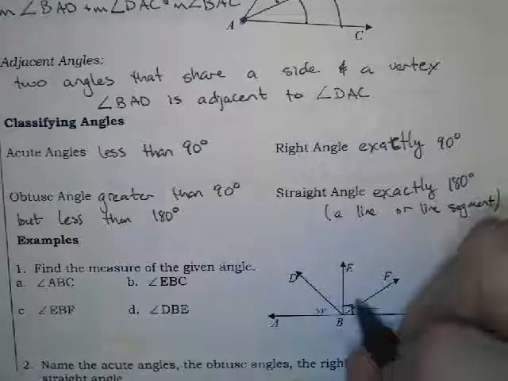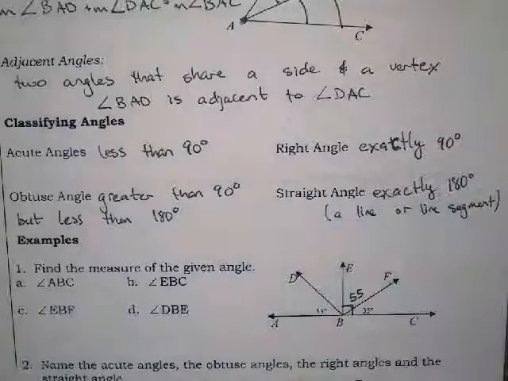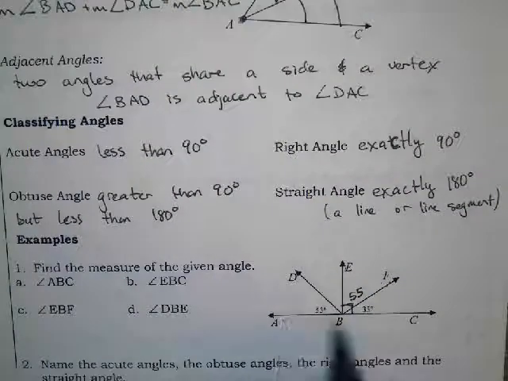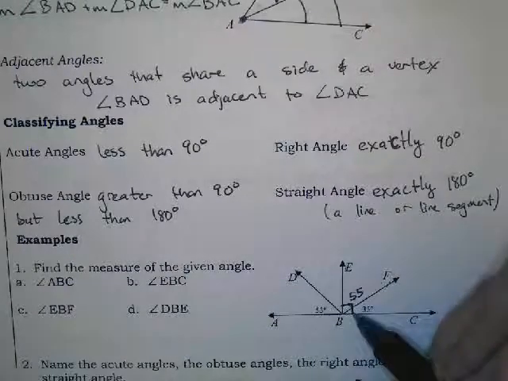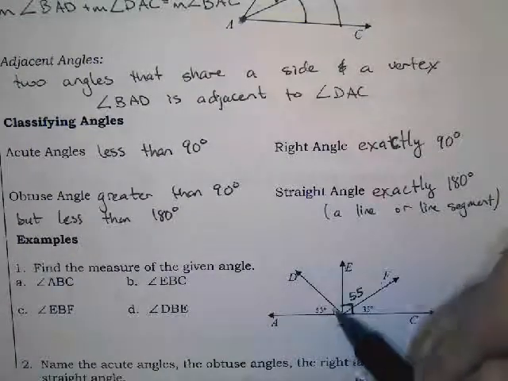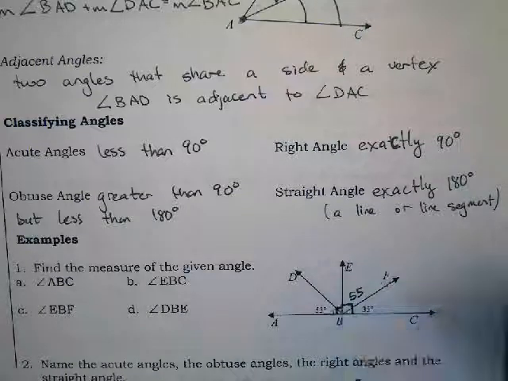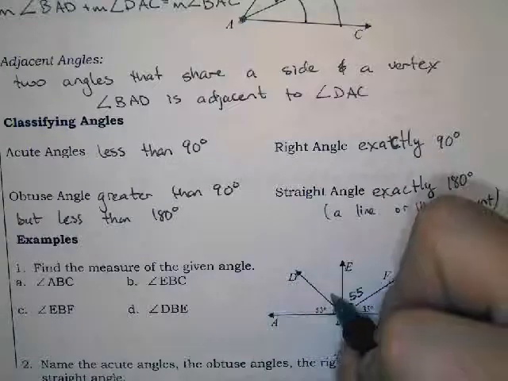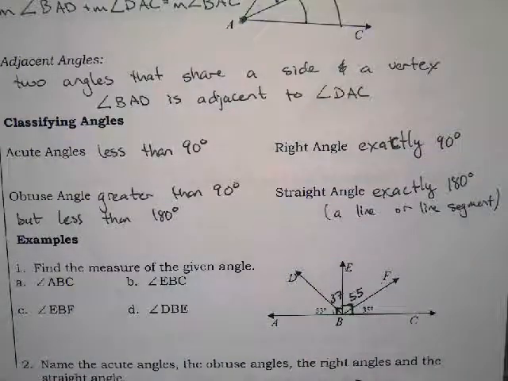Well, EBF has to equal 55. And ABC is being presented as a straight angle, so we know that's 180. So if this side's 90, what's this side going to equal? Well, this will be a right angle as well, and that's telling me that that's 53. Then this must be 37. So we have it all labeled.